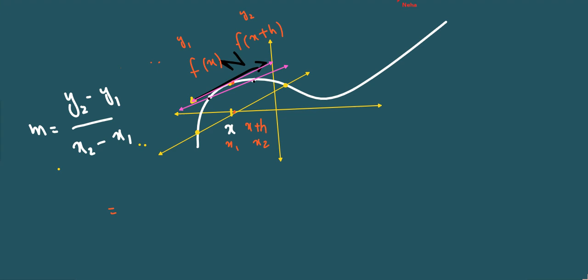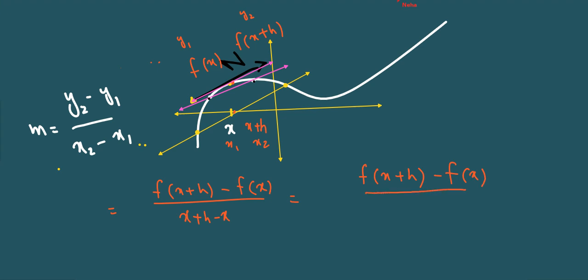It is y2, which is f of x plus h, minus f of x, over x plus h minus x, so that becomes f of x plus h minus f of x over h, right?